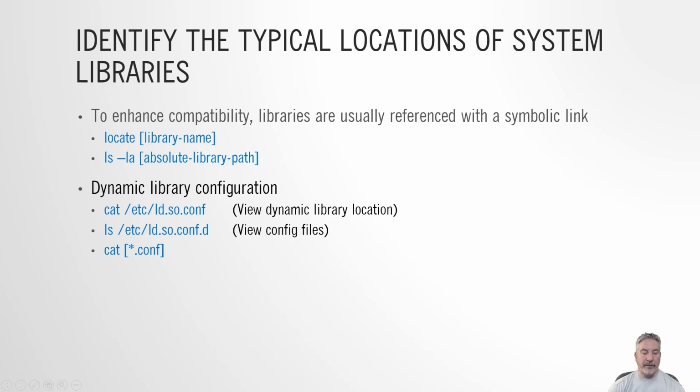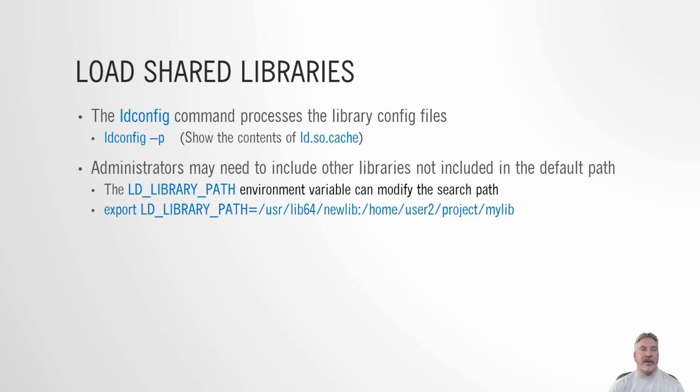Now, as an administrator, sometimes shared libraries are not available when software needs them. So you can use ldconfig to load or to look at the contents of the cache, and then we can just specify the environment variable LD_LIBRARY_PATH in order to point to some other area where libraries might exist.